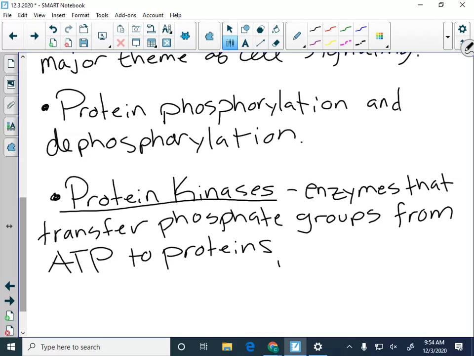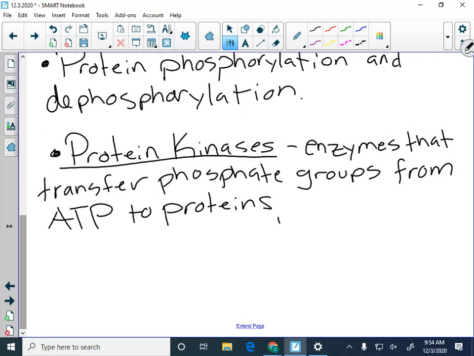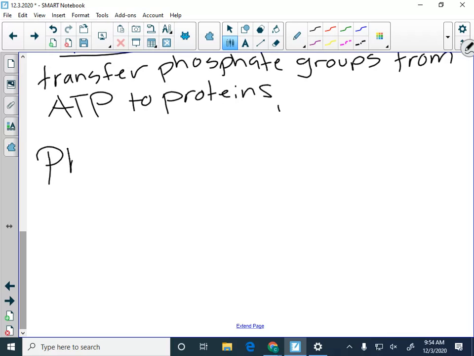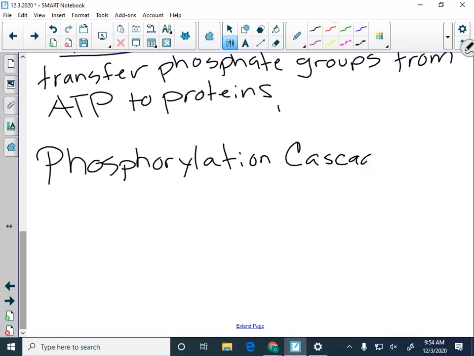Protein kinases help drive something called a phosphorylation cascade. If you need a fun biology-themed band name, phosphorylation cascade is my personal recommendation.